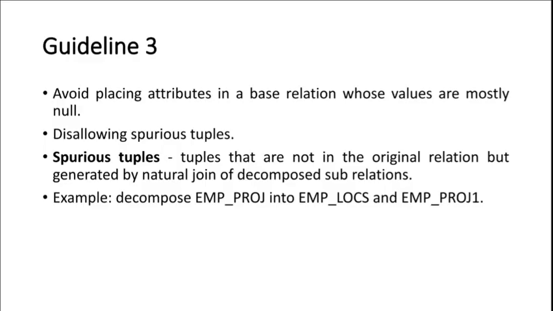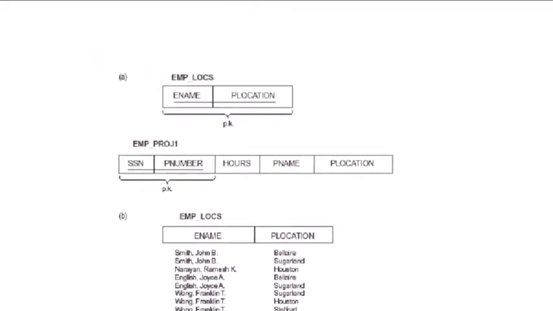So for example, here I am decomposing. Decomposing means I have a table employee project. I am dividing that employee project table into two different tables like employee location and employee project 1. When you do this, obviously it will generate spurious tuples. I will show with the example. Very easy. You can see here, guys.